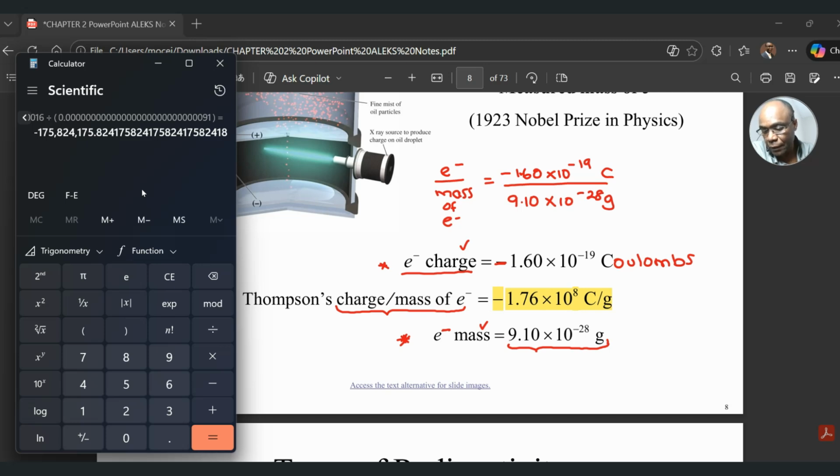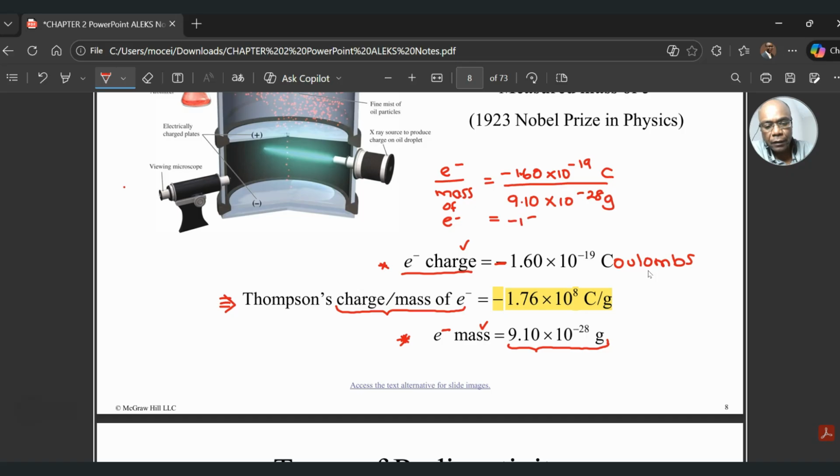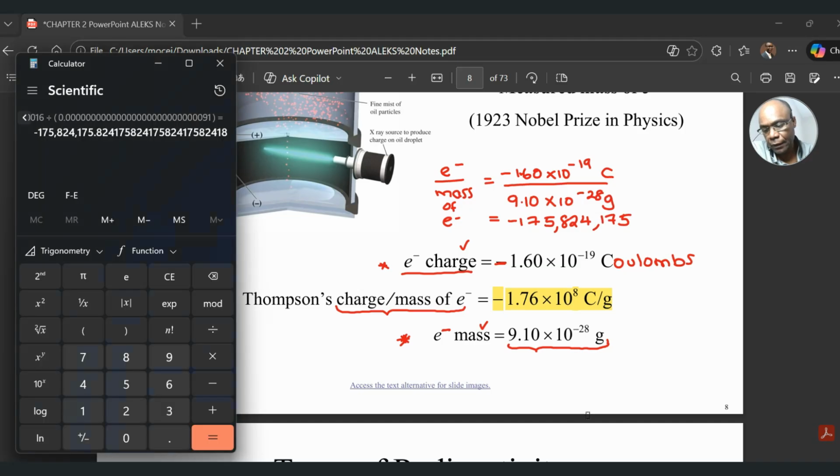That is like 175 million, but with the negative value. That's going to give us 8 zeros. So the answer here is negative 175,824,175. I think we can stop there for now, and then we can write this in scientific notation.